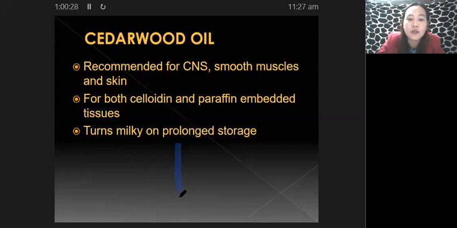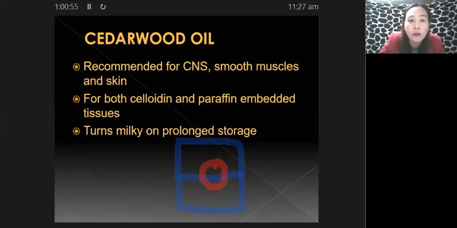Okay, so say for example, this is your container and this is your cedarwood oil. The problem with the use of your cedarwood oil is that your tissue tends to float. And of course, if a tissue sample is exposed to air, this will result in the drying of that portion of your tissue sample.